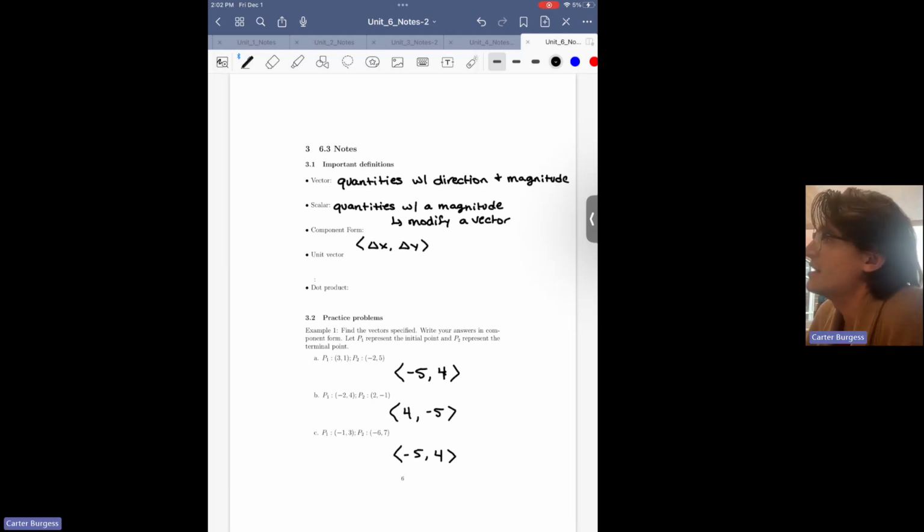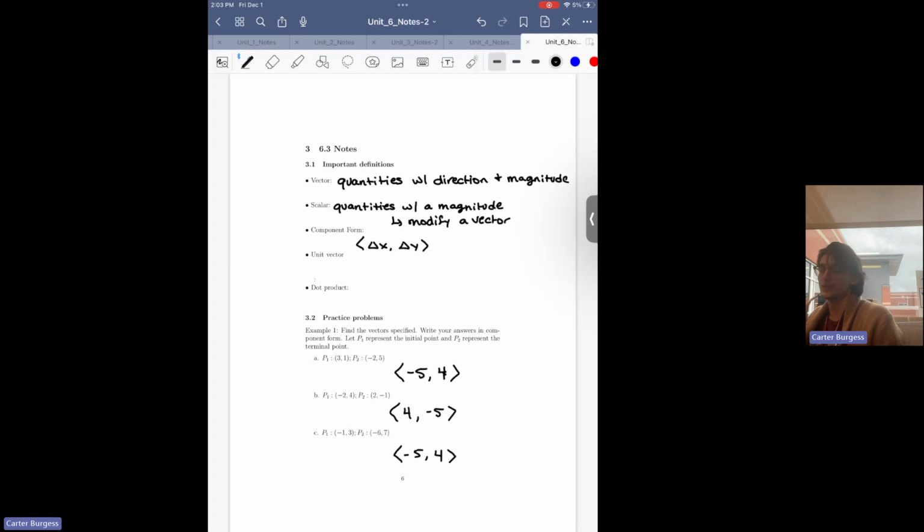Notice that A and C are the same vector, right? The initial point being different, the end point being different, that doesn't matter. They are the same vector. B has the same magnitude, and we can confirm that here momentarily, although you could probably figure out what the formula for magnitude is going to be. Yeah, they in fact are the same length.